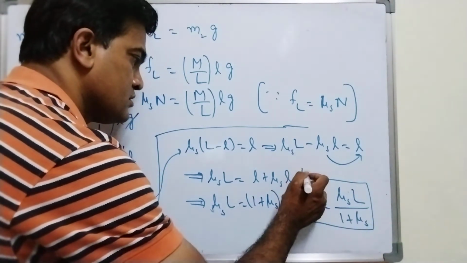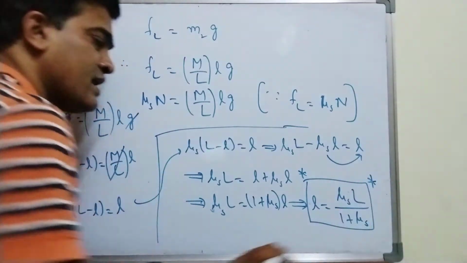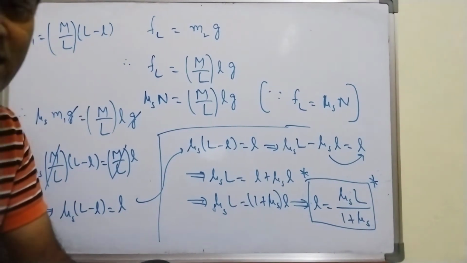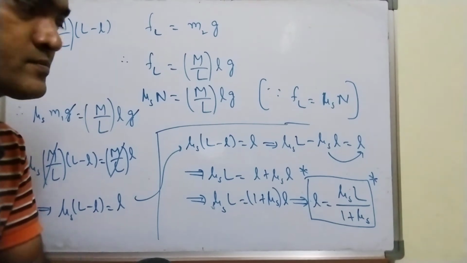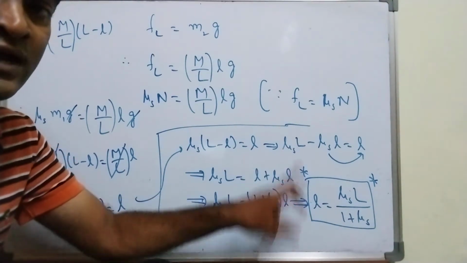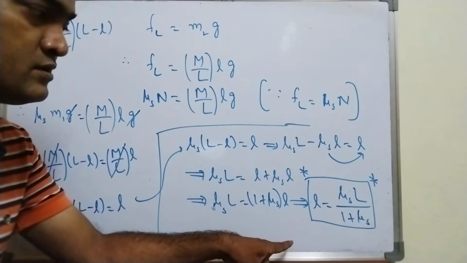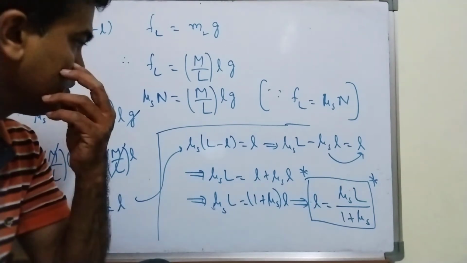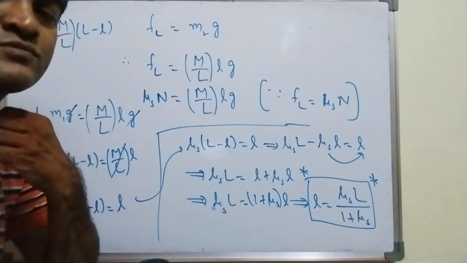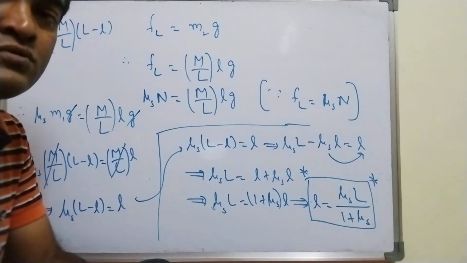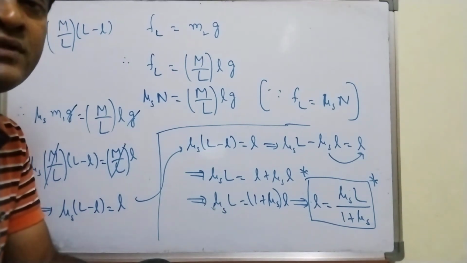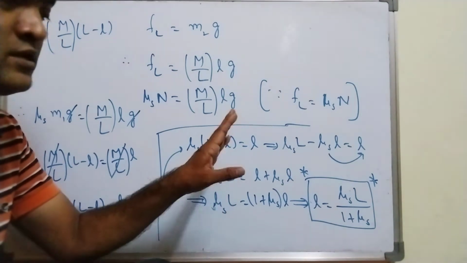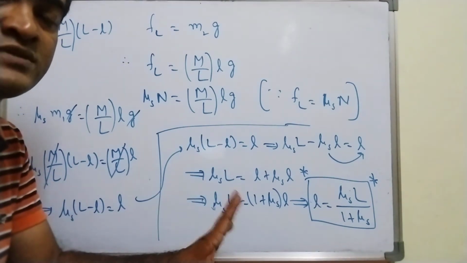This is the formula for the hanging part of length l, so that the chain cannot slide down further. The minimum length that should hang from the table is equal to mu s into capital L upon (1 plus mu s), in order to keep the chain in equilibrium, or in order not to fall from the table.